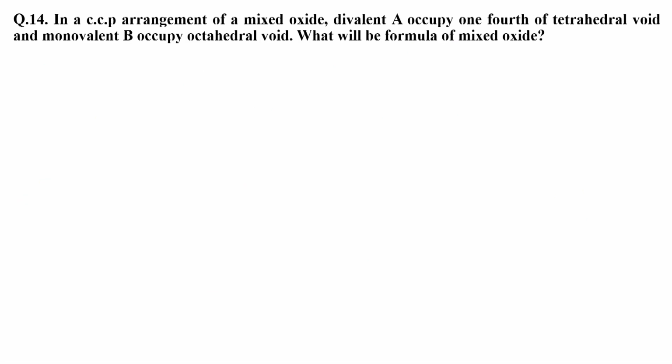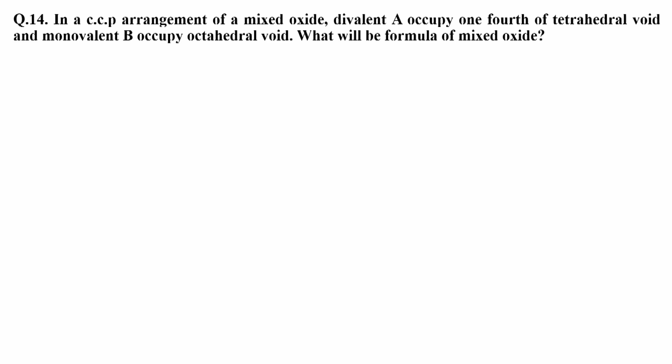Next we move to problem number 14. In a CCP arrangement of a mixed oxide, divalent A occupy 1/4 of tetrahedral void and monovalent B occupy octahedral void. What will be the formula of mixed oxide? Okay.